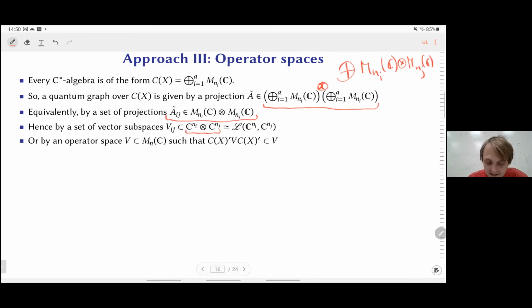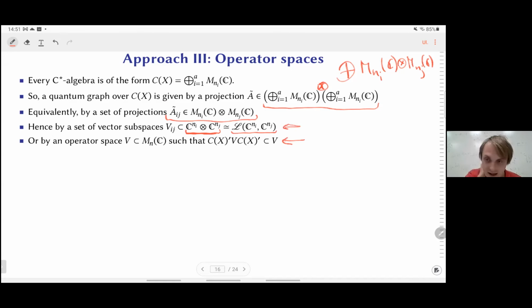And just a technical thing you can do is, instead of considering this tensor product, you consider the space of linear maps between C^{n_i} and C^{n_j}. And this last thing is also possible to do, but it maybe makes it more complicated to understand than the characterization before.